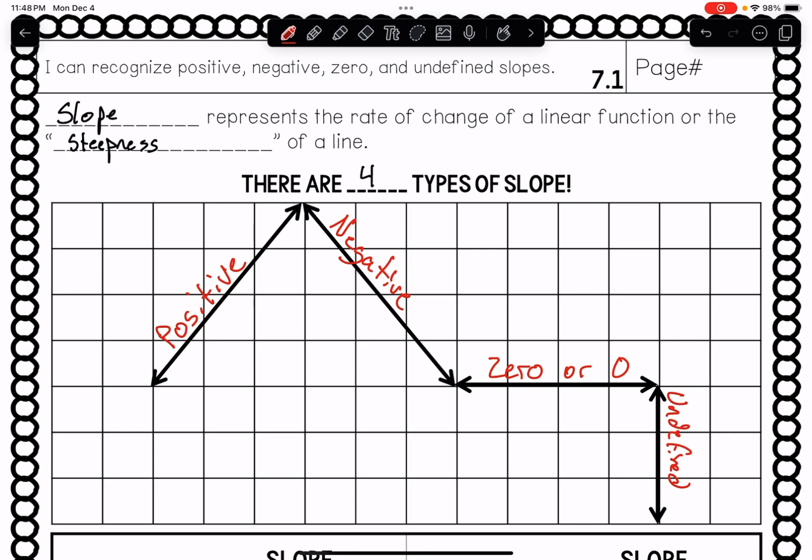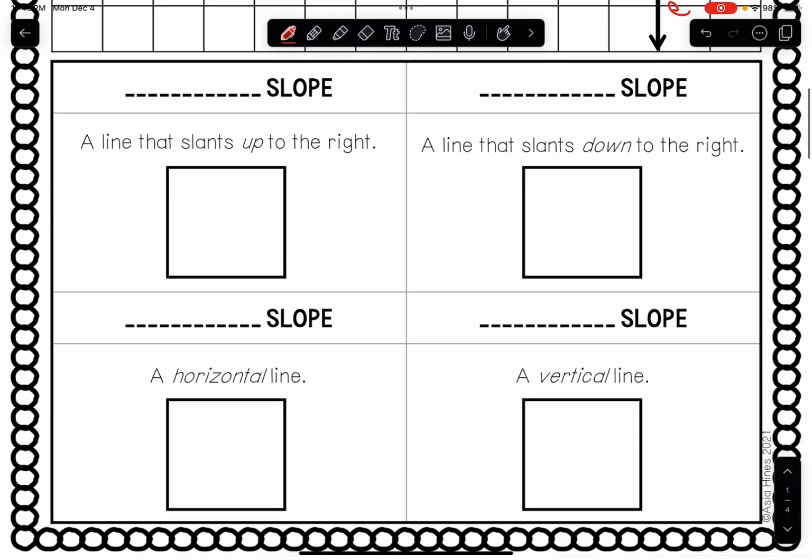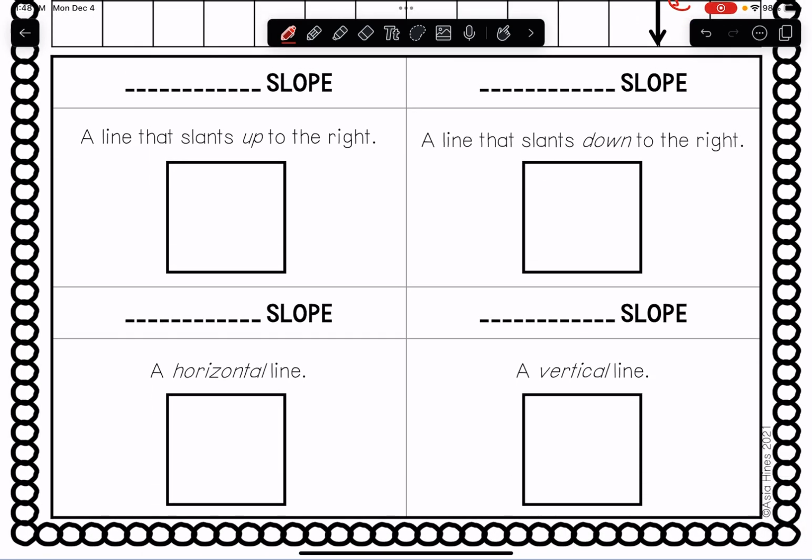All right, so we're going to take a little time just to get to know each one individually a little bit better. We're going to draw what we see happening. A line that slants up and to the right was our positive slope. And then a line that slants down as we go to the right was our negative slope. And then we had the horizontal, completely flat line.